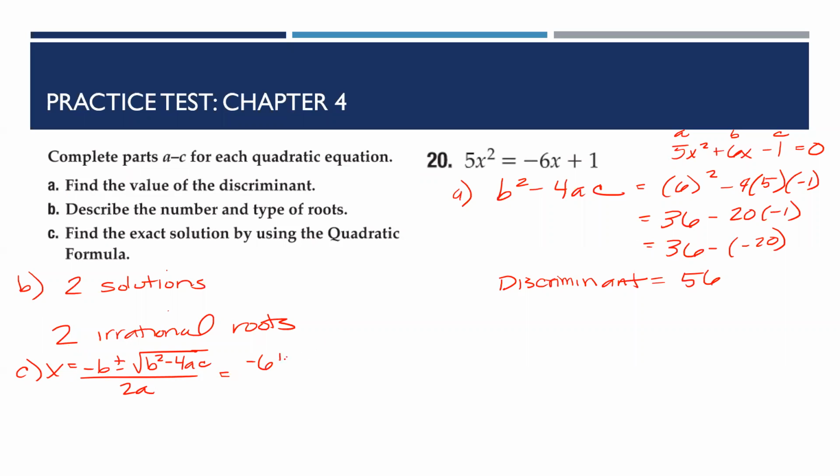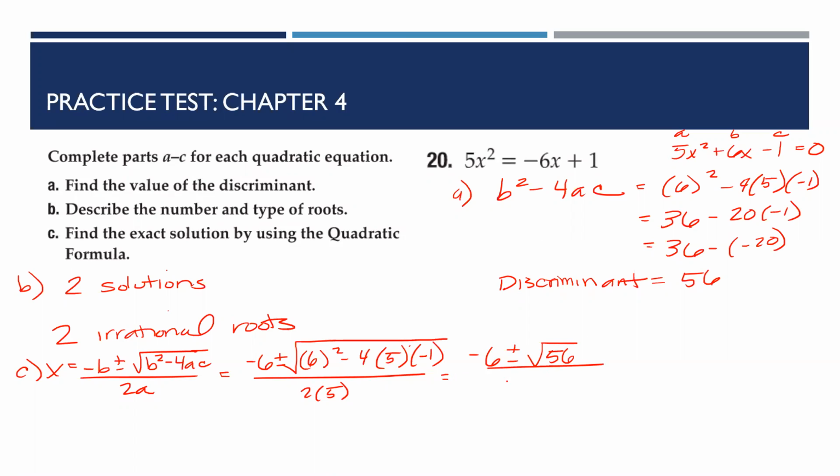So this is negative 6 plus or minus the square root of 6 squared minus 4 times 5 times negative 1, and then 2 times 5. So this ends up being negative 6 plus or minus the square root of 56 once you do all this, and then over 10.